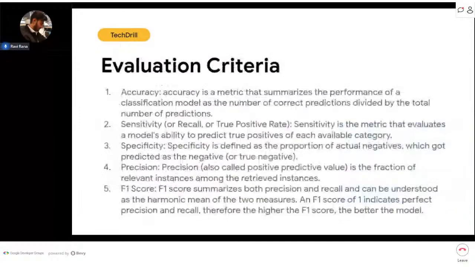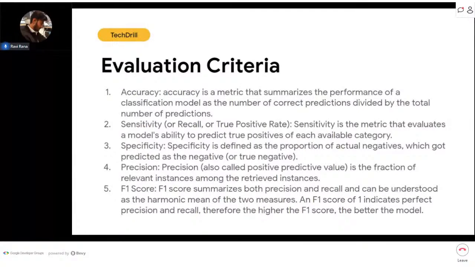So first and foremost is called the accuracy. Accuracy is the simplest way to evaluate our classification model. Accuracy gives you the actual prediction. So suppose you have a balanced data set.